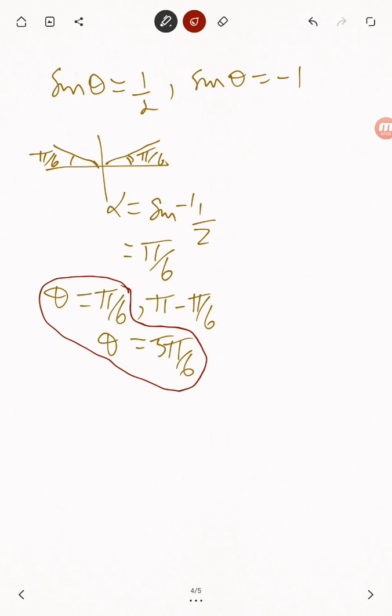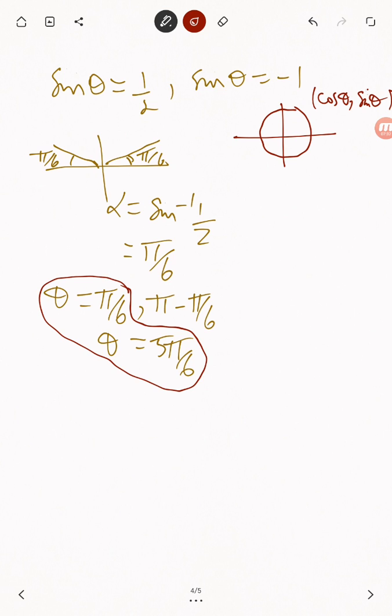I need to know for what angles is the sine -1. So remember that we can't get that from a special triangle. We need to use our unit circle. The first coordinate of each point is going to be the cos of the angle theta. The second coordinate is the sine of the same angle.